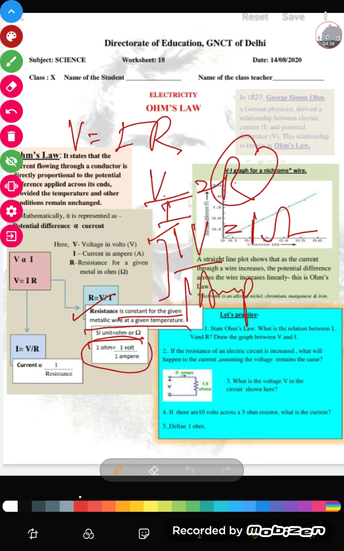So I can define it like this: when the potential difference is 1 volt and the current through the circuit is 1 ampere, then the resistance is said to be 1 ohm.